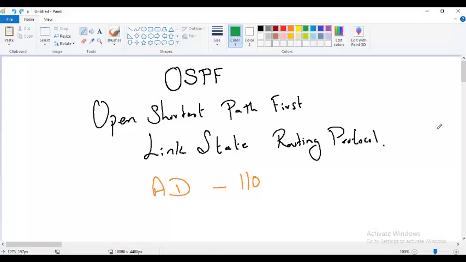Router has to accept one and ignore the other one. Based on the administrative distance, it decides. The routing protocol whose administrative distance is lower, the given route will be preferred. Are you clear? All right.